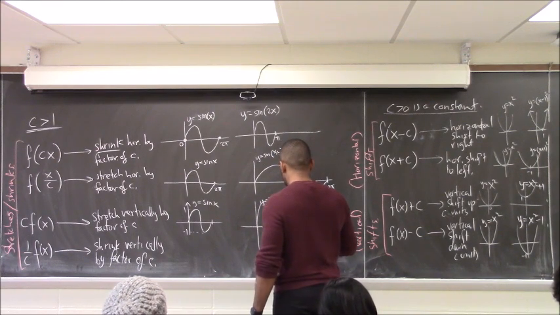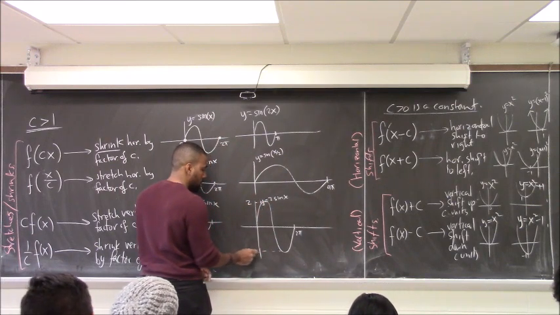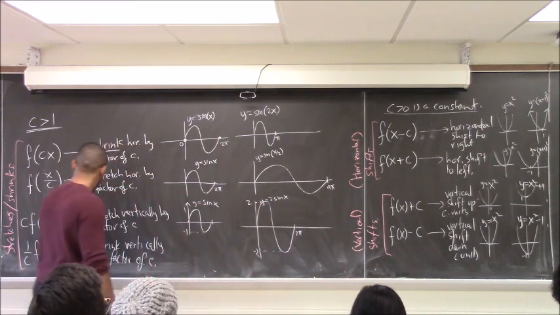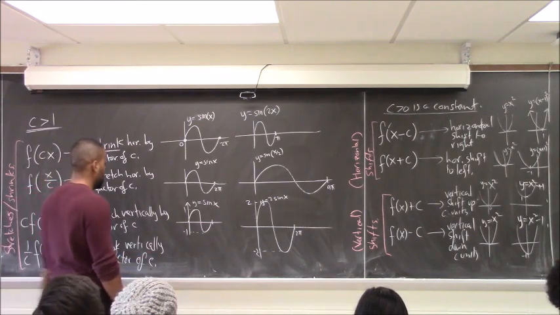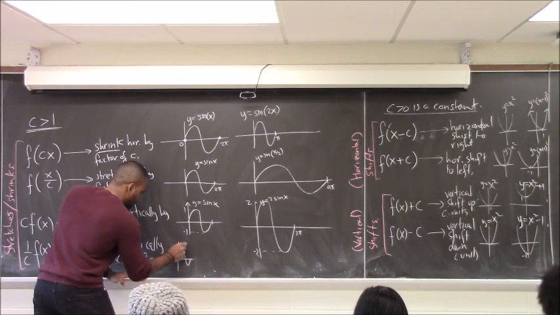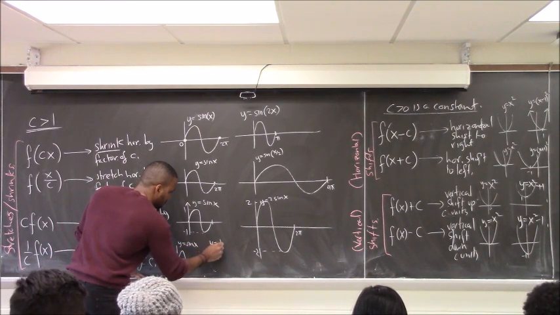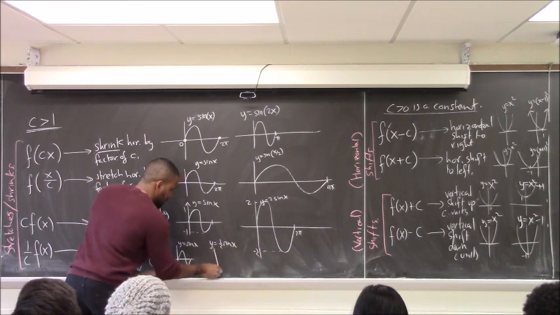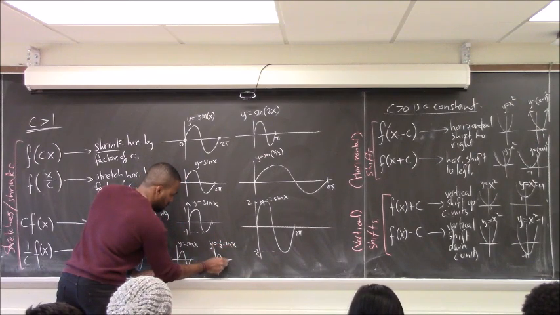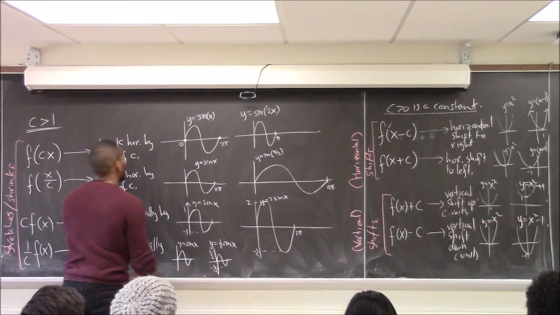So the horizontal here is not changing, but the height is going to be 2 and -2. And this is going to be similar: y equals sine x versus y equals 1/2 sine x. Going to be vertically smaller. This will go up to 1/2 and minus 1/2.